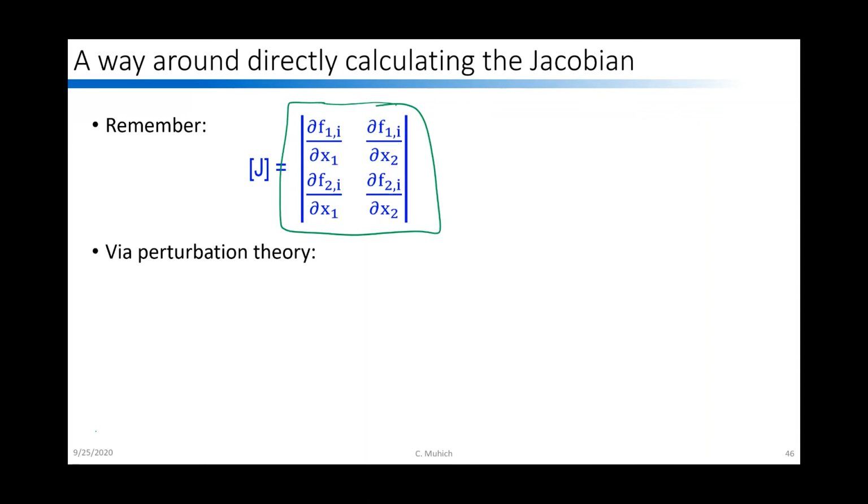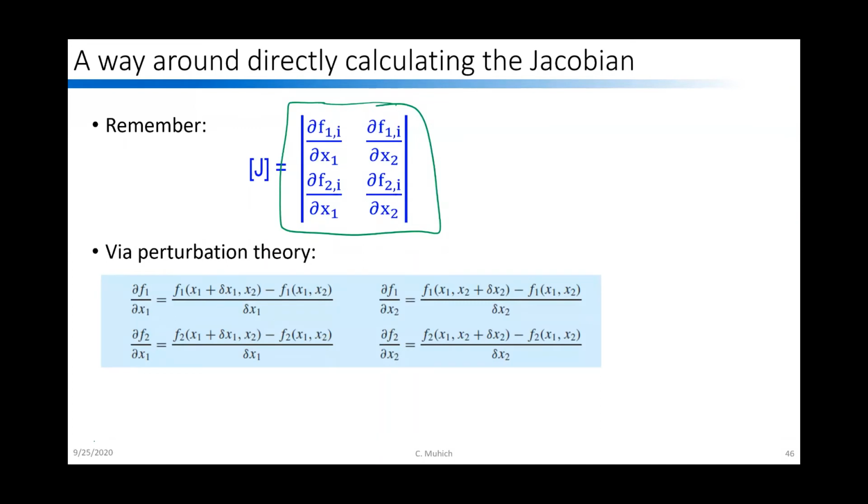If you remember from talking about the modified secant method, we could determine via perturbation theory what that derivative is, or in this case, what the partial derivative is. I can say that my partial derivative of f1 with respect to x1 is the function value of x1 plus delta x1, so that delta times x1 is my perturbation, and at value x2, minus f1 of x1, x2, over what that perturbation is.